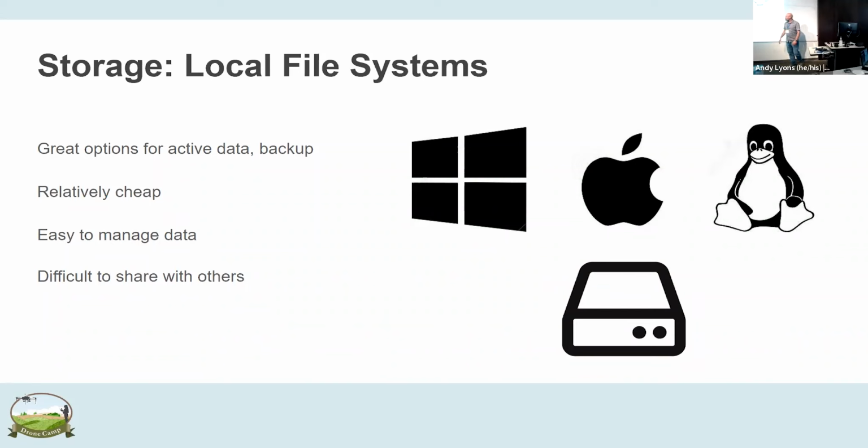So think about storage on your own machine. You can have your computer hard drive or an external hard drive, and it's a really good system for having active data that you're going to be actively processing on your desktop. I would not recommend using cloud servers to save your data and work with it on your actual desktop.